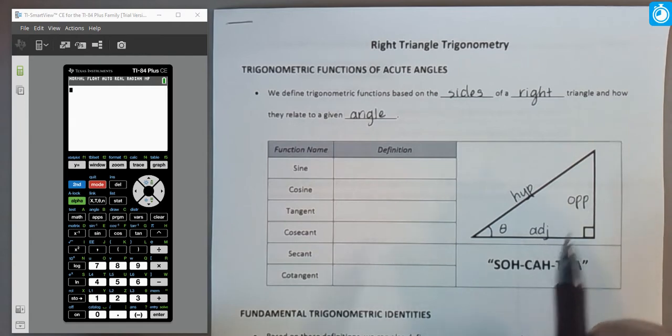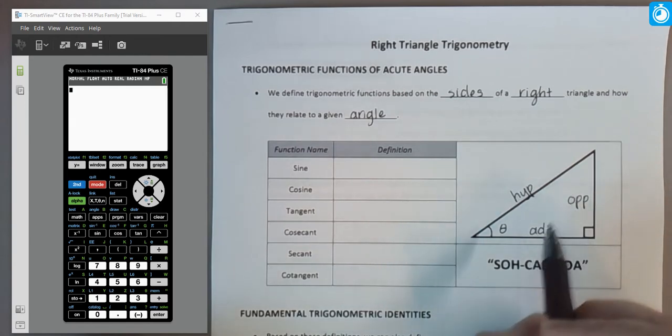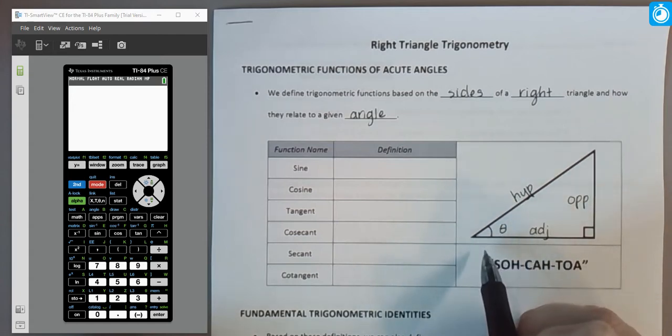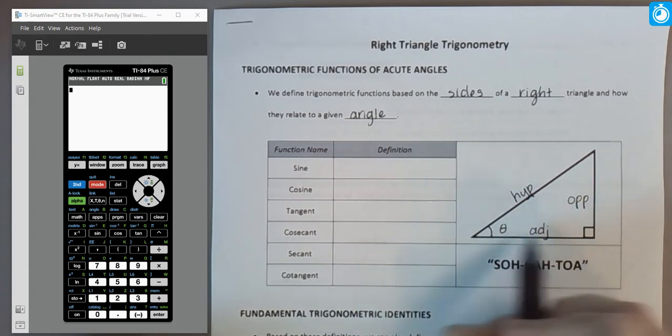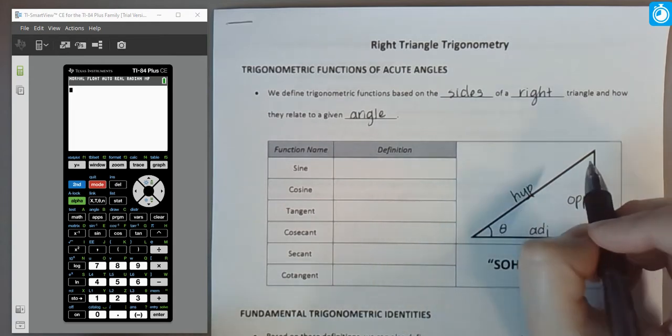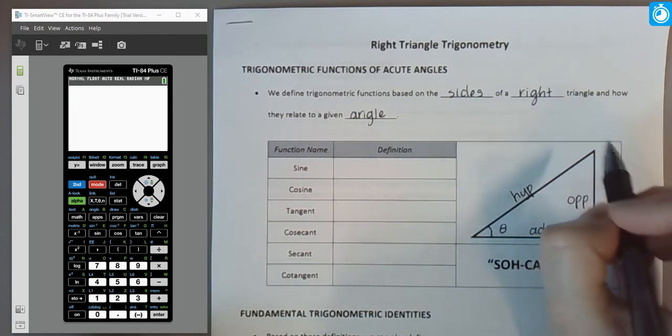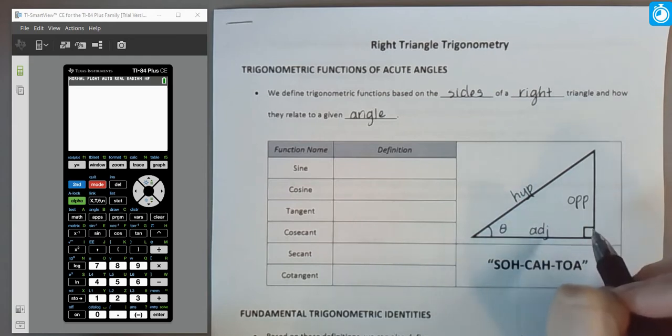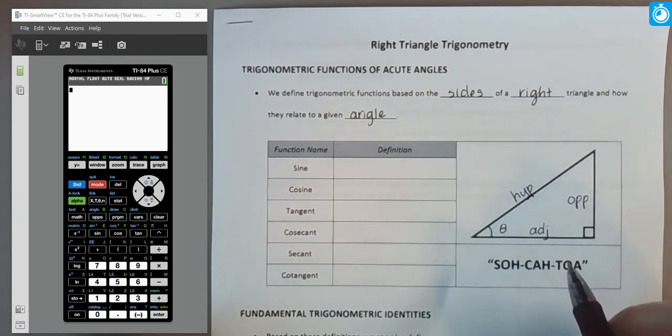Now one thing to keep in mind is how we label these 2 sides specifically is going to depend on which of the acute angles we've chosen. So if this is the acute angle we're looking at, the side incident with it will be the adjacent side, and then the side across from it will be the opposite side. If instead we chose to look at this acute angle, well, this now becomes the adjacent side, and this becomes the opposite side.